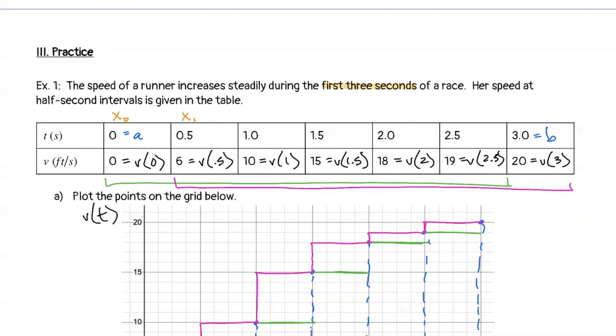This is x sub 1, x sub 2, x sub 3, x sub 4, x sub 5, x sub 6. So it's not that this is x sub 1 because it's 1. x sub 1 just means this x value. If I said x sub 5, I would mean the 5th x value.